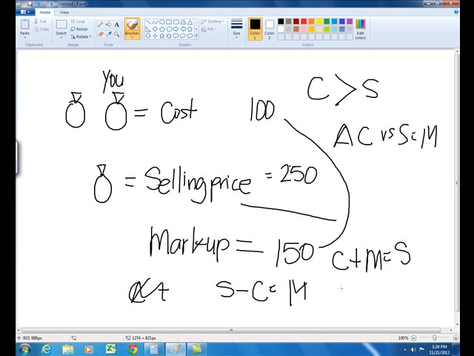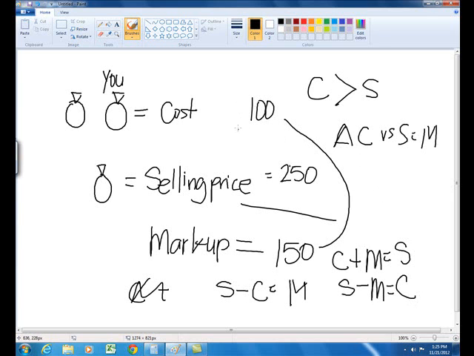And then the last formula that comes out of this same theory is that I can take my selling price, subtract my markup amount, and that's going to give me my cost.